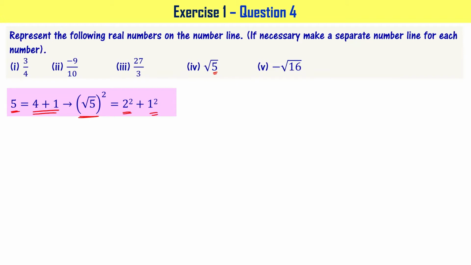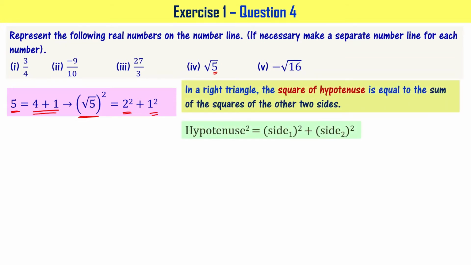You see, 5 equal to 4 plus 1, I have written it as √5 whole square equal to 2 square plus 1 square. Why have we written like this? There is a reason for it. You will understand as we progress with this problem. We know that in a right triangle, the square of the hypotenuse is equal to the sum of the squares of the other two sides. This is called Pythagoras theorem.